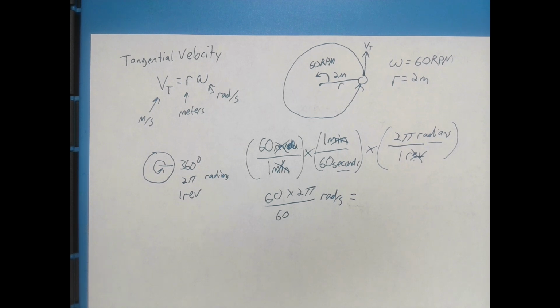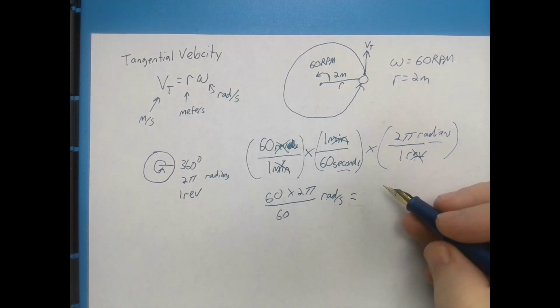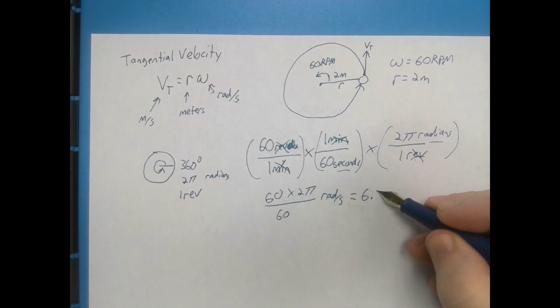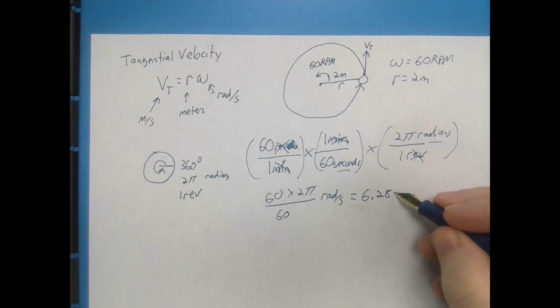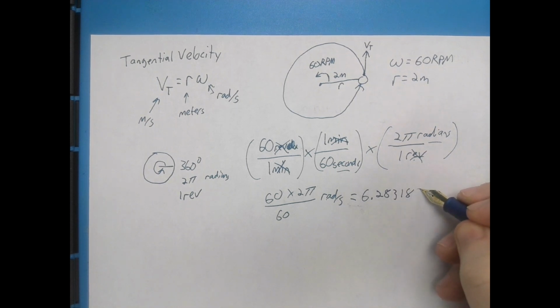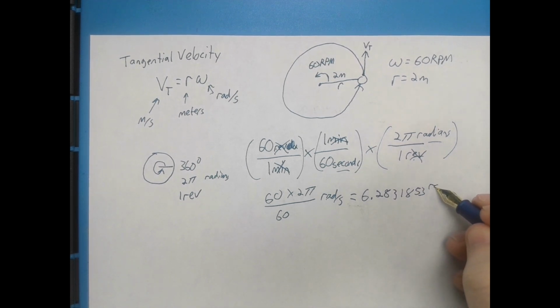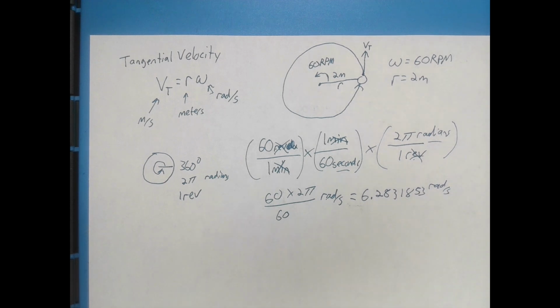So that is just equal to 2 pi, which is equal to 6.2831853 radians per second.